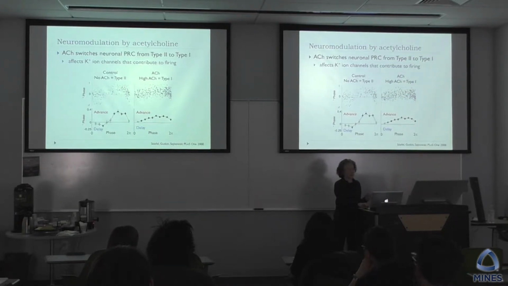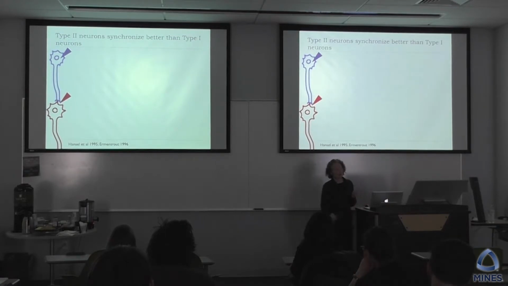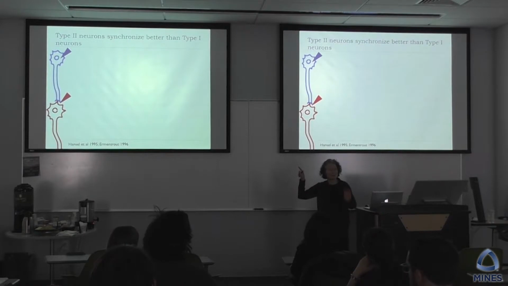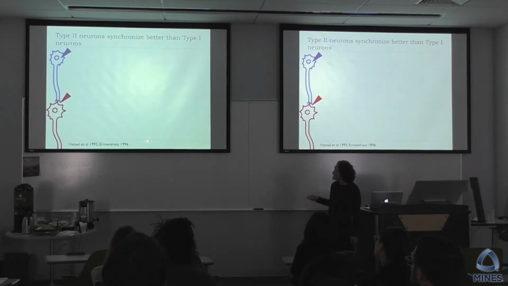And as I said, phase response curves were first developed in terms of coupled oscillator theory. So there's been a lot of mathematical analysis of phase response curves, including these type 1, type 2 phase response curves that neural models show. And there have been some analytical results that show and prove that neurons with type 2 PRC profiles synchronize better than neurons with type 1.